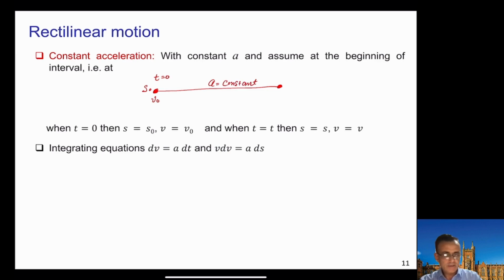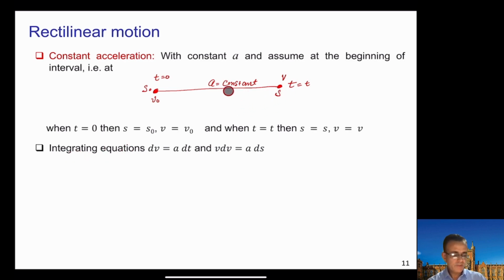The final velocity is v, the final displacement is s, and the time is t. So when t is equal to 0, s is equal to s naught and v is equal to v naught, and when t is equal to t, the velocity is v and the displacement is s.